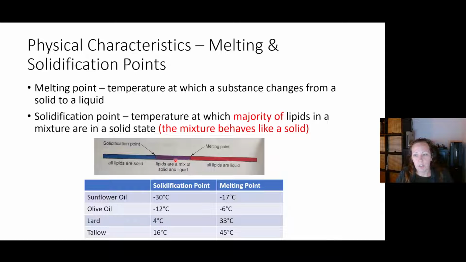This is different than phase changes, where the melting point and solidification point, yes, there is a difference in energy in that substance, but the temperature stays the same. The melting point and solidification point are both 0 degrees when we're talking about water, for example. So that's an important distinction to understand.